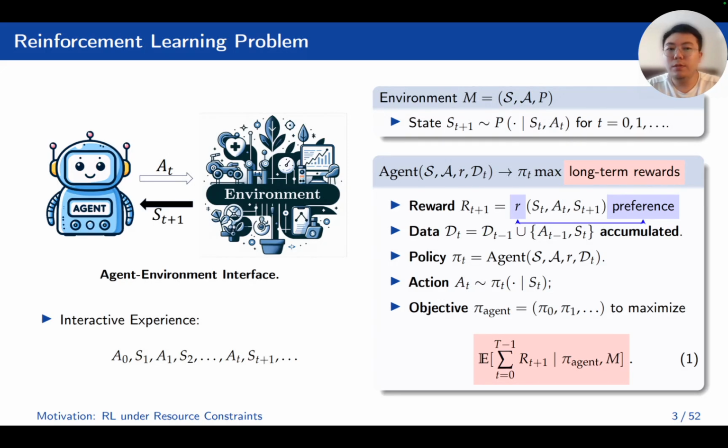The agent will use the historical experience to adapt its policy such that it can maximize the long-term expected reward. Here, the interactive experience will be accumulated in the data set D.